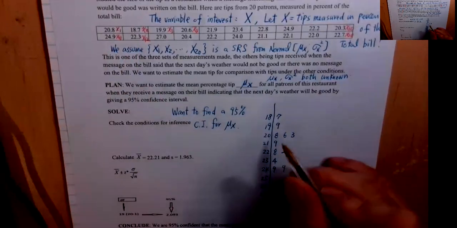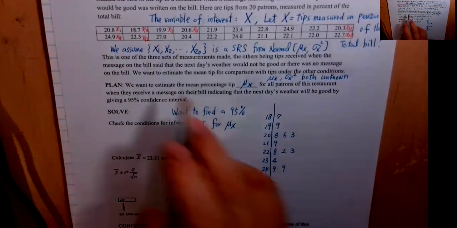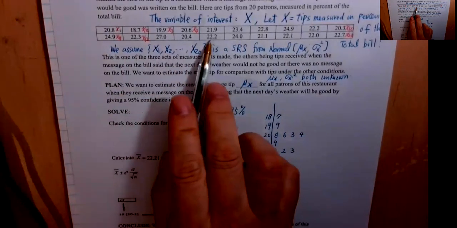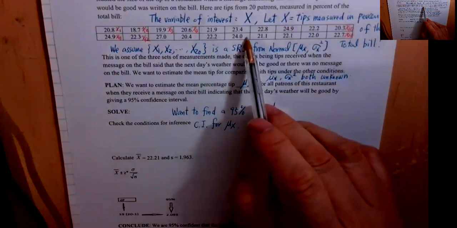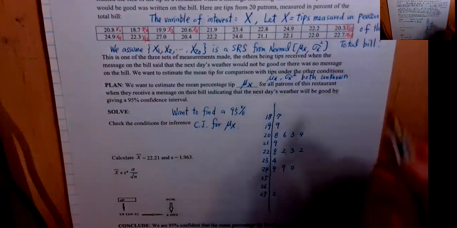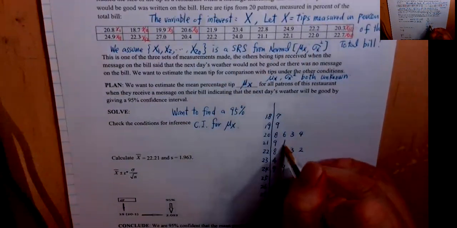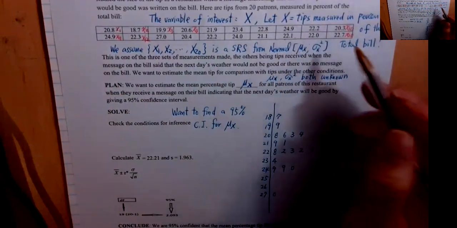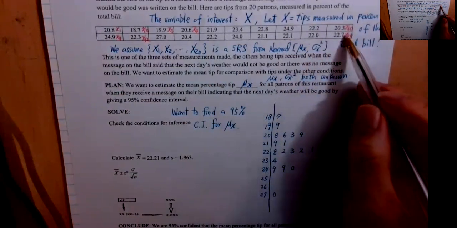Next, 22.3. Next, 27.0. Next, 20.4. Next, 22.2. Next, 24.0. Next, 21.1. Next, 22.1. Next, 22.0. Next, 22.7.